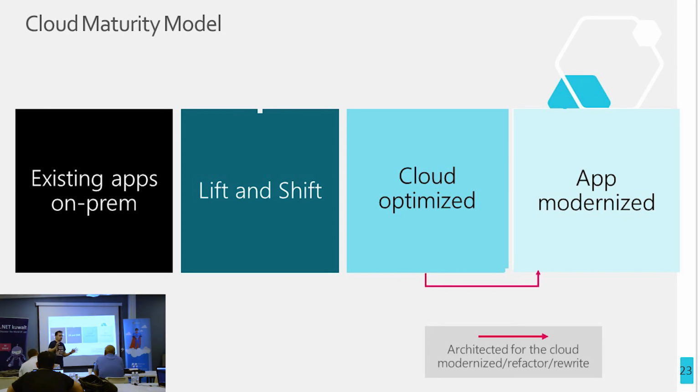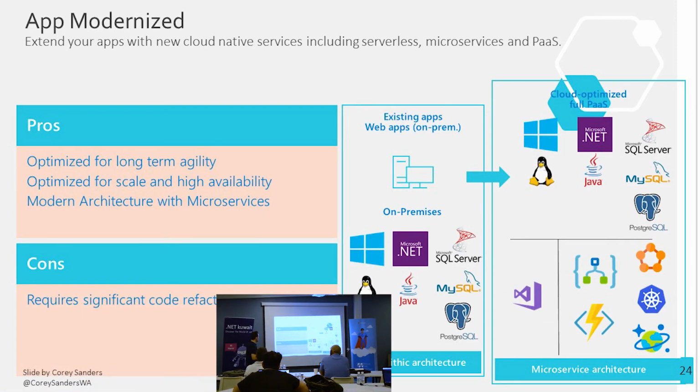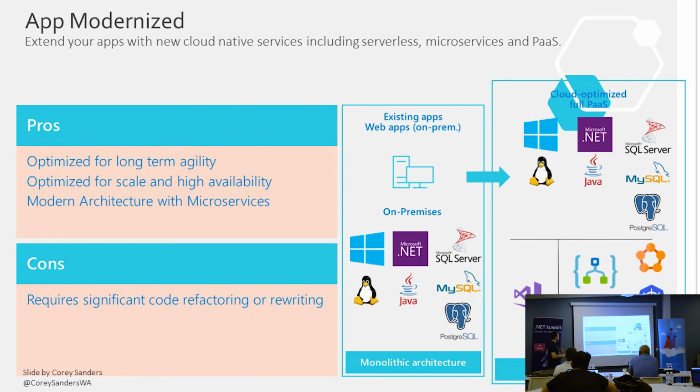It can scale easily without any other service, where you have the advantage from the cloud. And here, as we said, the pros are optimized for long-term agility, optimized for scale and high availability. If your application or business is going to grow that much and serve millions or billions, this is where you want to head.